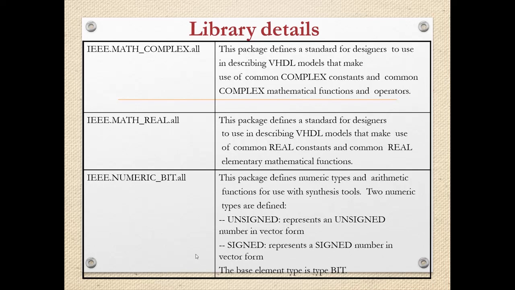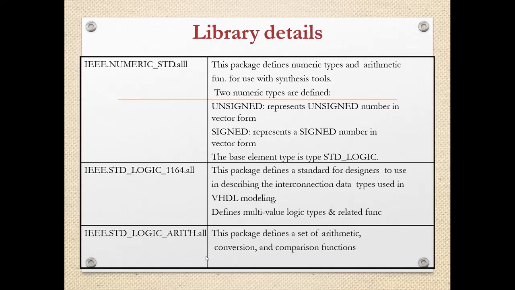So instead of complex, if you want to use real numbers and real constants, then go for IEEE.math_real. If you want numeric values or bit values, then IEEE.numeric_bit.all can be used. So based on which type of variables or constants you will be using, whether it is a complex number, real number, or a bit number, as per that we have to declare the library.